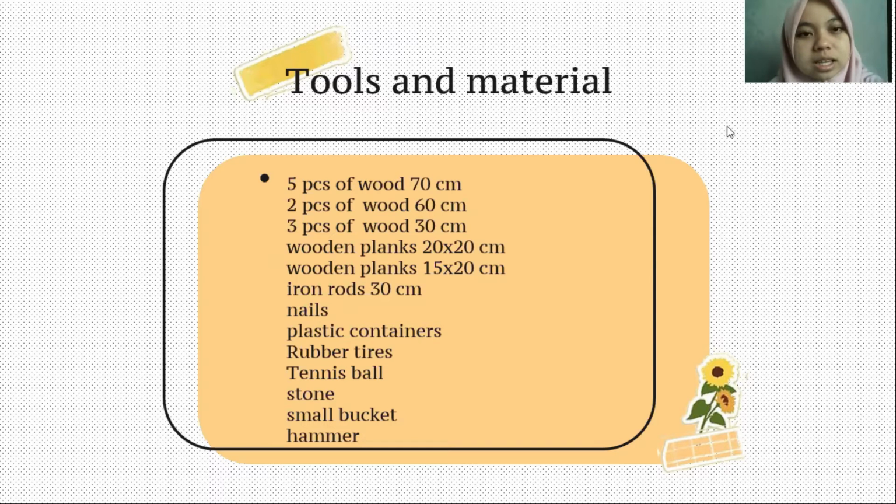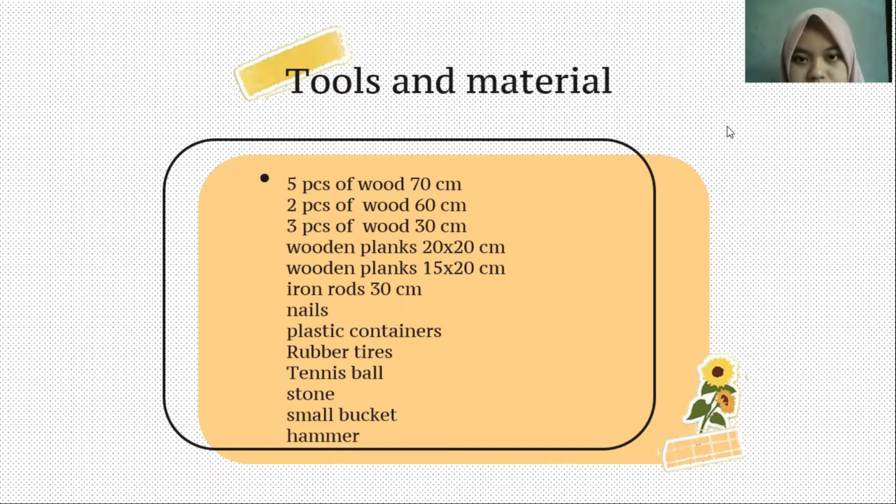So what are the tools and the materials that we need? The first is 5 pieces of wood 70 centimeters long, and then 2 pieces of wood 60 centimeters long, and then 3 pieces of wood 30 centimeters long, and then we need a wooden plank with the size 20 times 20 centimeters, and other wooden planks with the size 15 times 20 centimeters.